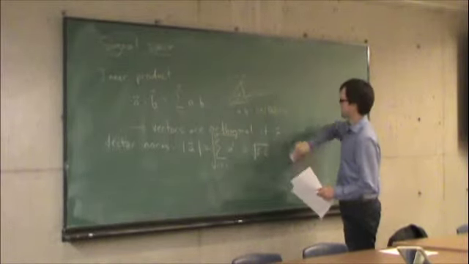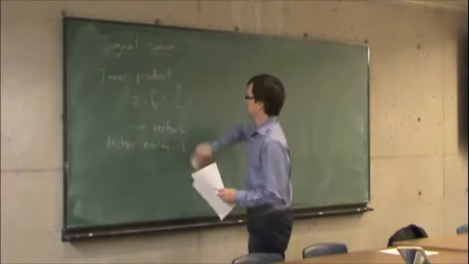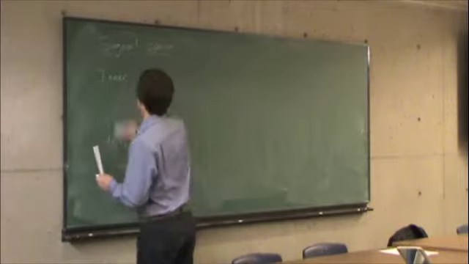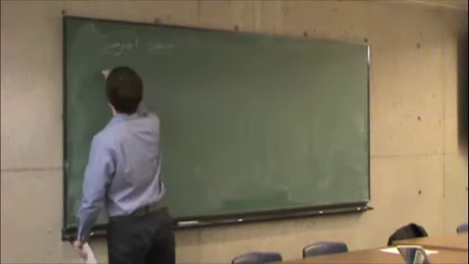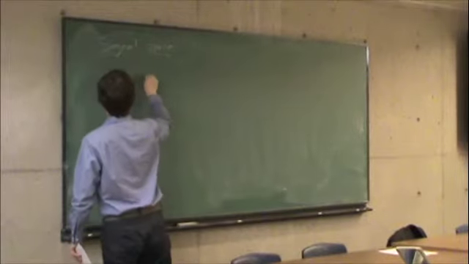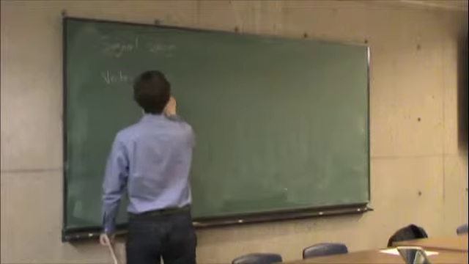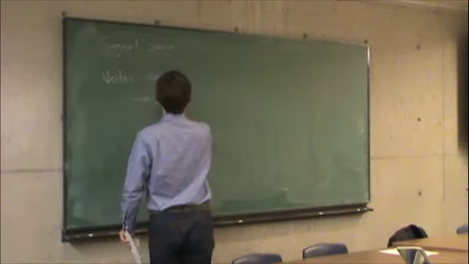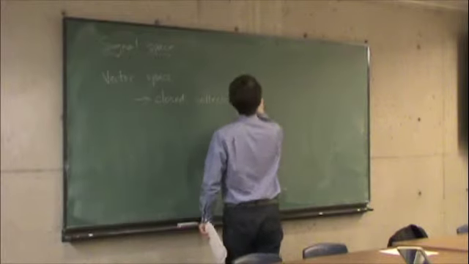But where we left off last time was talking about vector spaces and a basis for a vector space. A vector space is basically a closed collection of vectors.